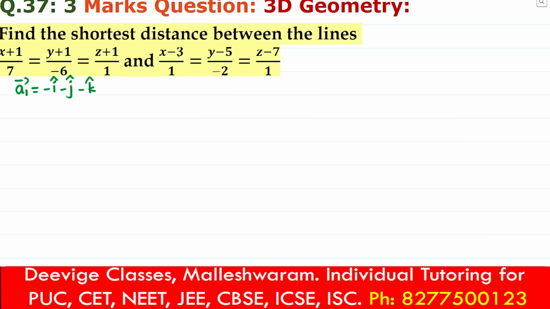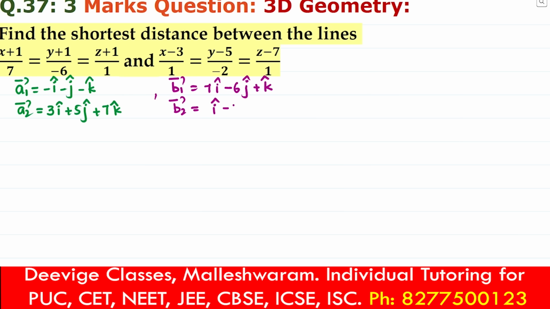Similarly, vector a2 will be equal to 3i cap + 5j cap + 7k cap. Next, vector b1 is equal to 7i cap − 6j cap + 1k cap. Vector b2 will be equal to i cap − 2j cap + 1k cap.